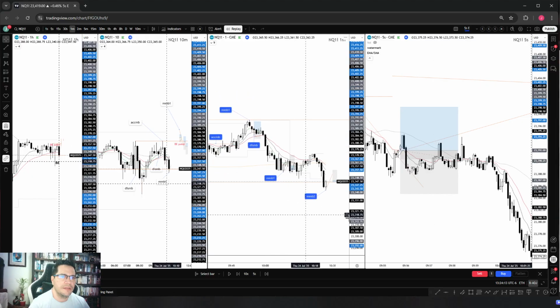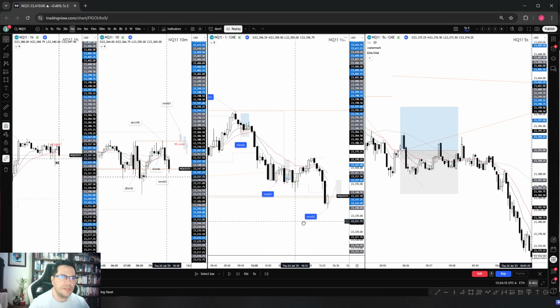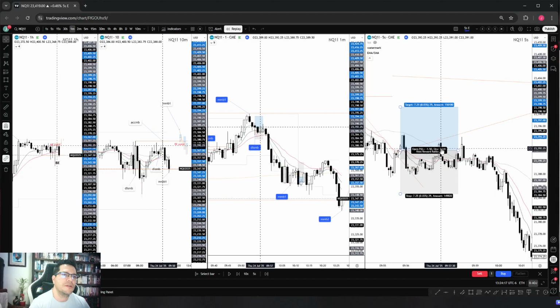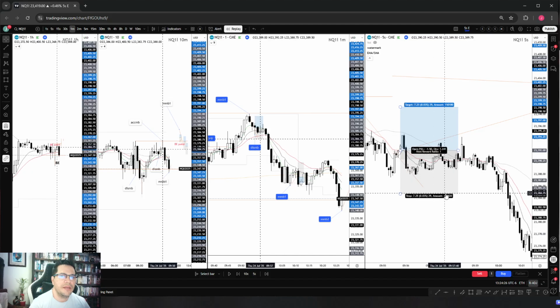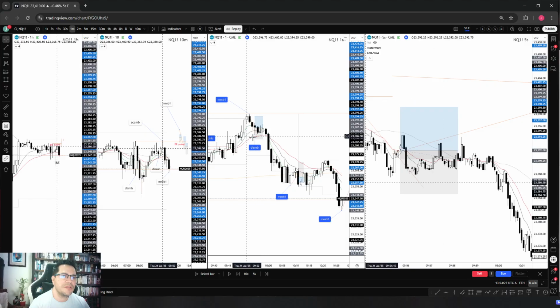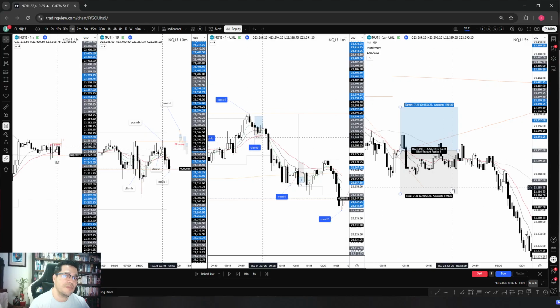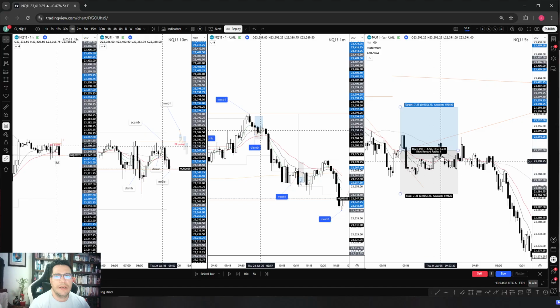Let's make it a little bit larger here to see the action on the V. So it comes up again. This is where I had my stop loss mark, but as you can see, it's below the EMA, so this would have been completely invalidated if price came down here.